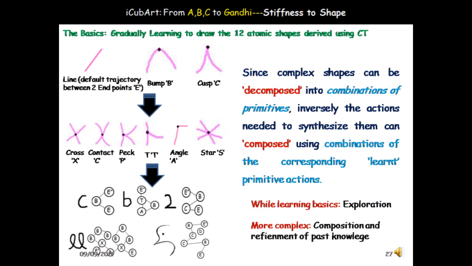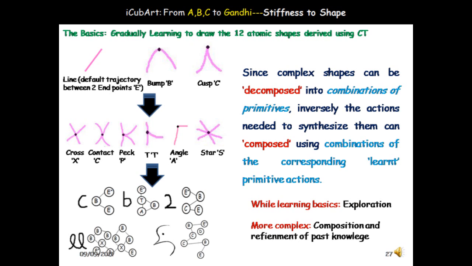So while learning basics, exploration is more important. Exploration or babbling in the space of stiffness and timing, which we have shown is very little, similar to the optician analogy.